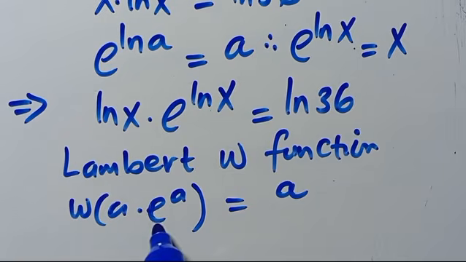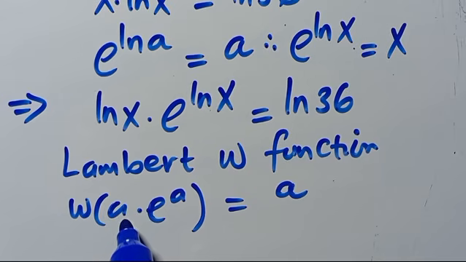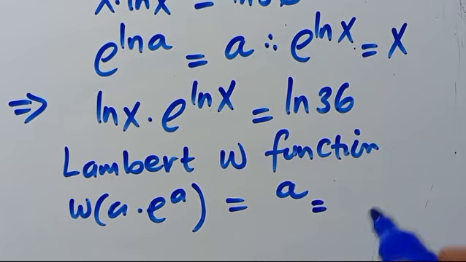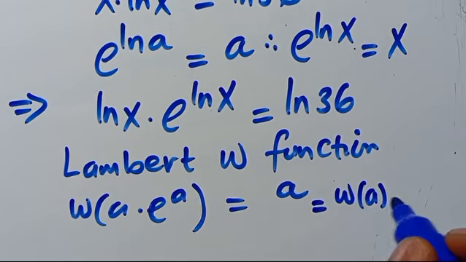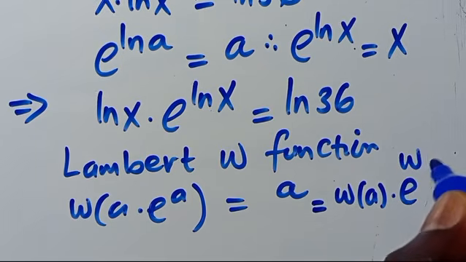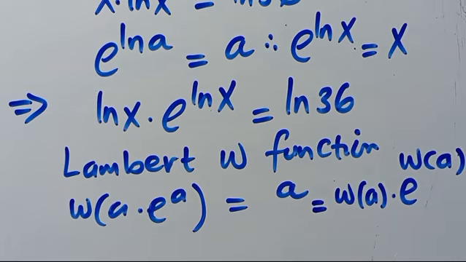So far they are connected with exponents, and provided the base and the power are the same, the output will be either the power or the base. And this also holds when you have the Lambert W function of a times e to the power of the Lambert W function of a.